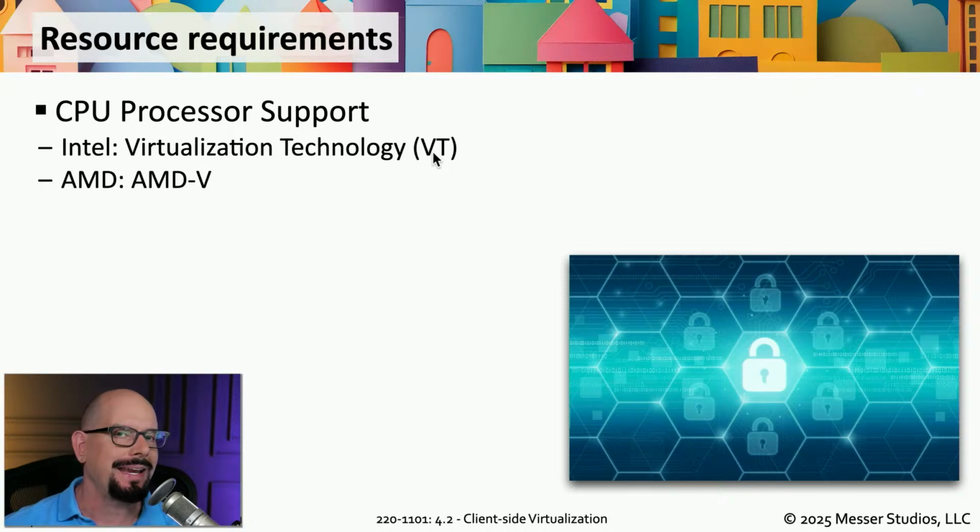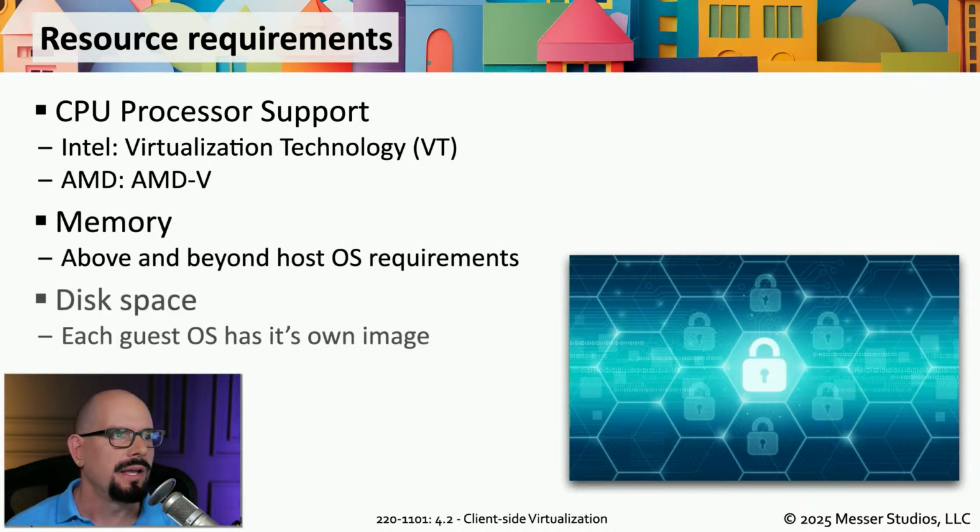If you're running an AMD processor, AMD simply calls it AMDV for the AMD virtualization function. Both of those are effectively the same thing, just on different types of processors. And this is something that's important to consider as you're working through the configurations for virtualization. So make sure you're familiar with those.